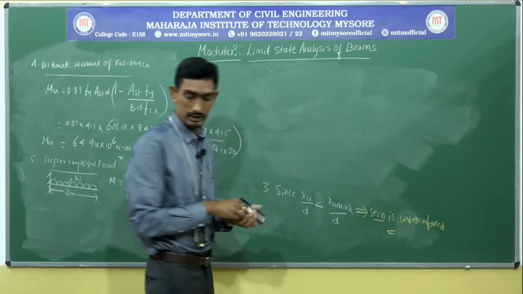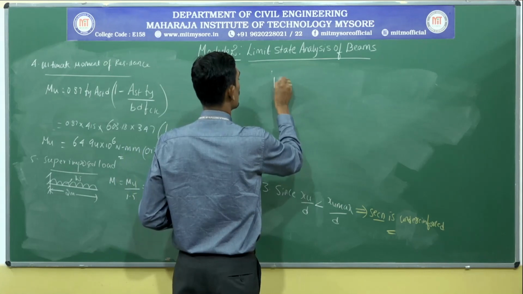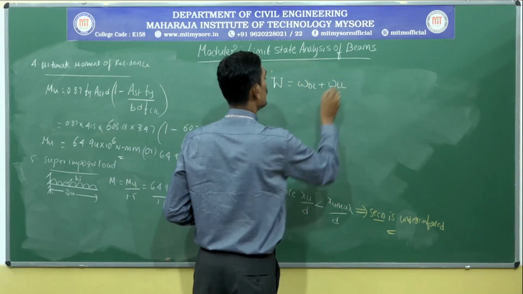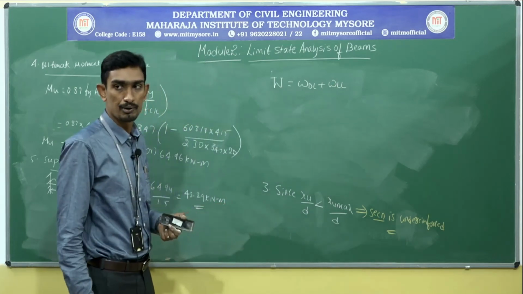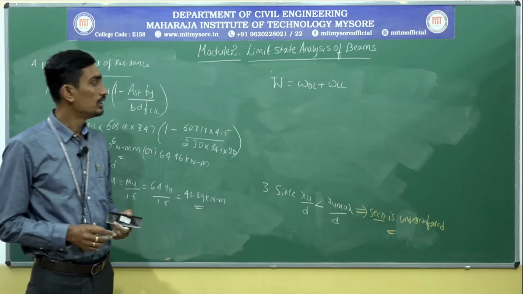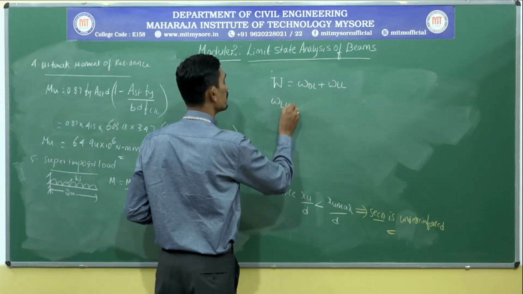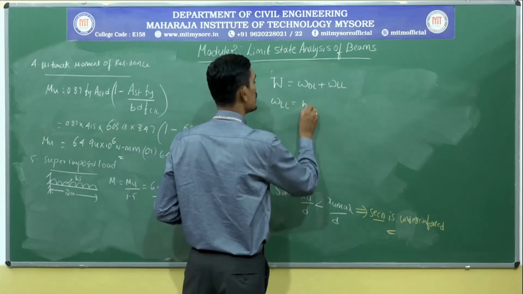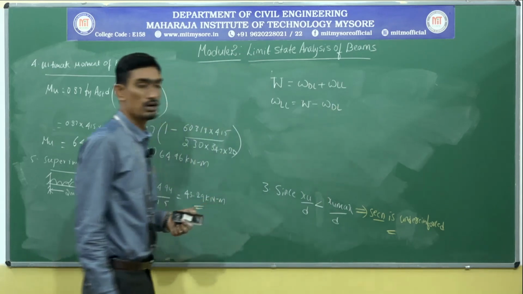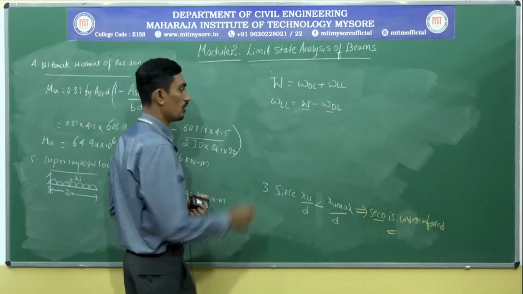Now you already know that the total load W is equal to dead load plus live load or superimposed load. W is equal to WDL plus WLL. We require the live load or superimposed load. Therefore, WLL is equal to total load minus WDL. Now we require W and WDL.